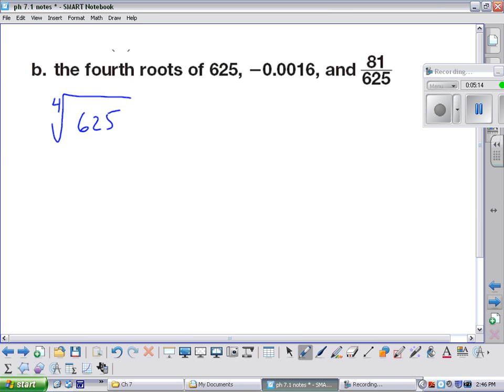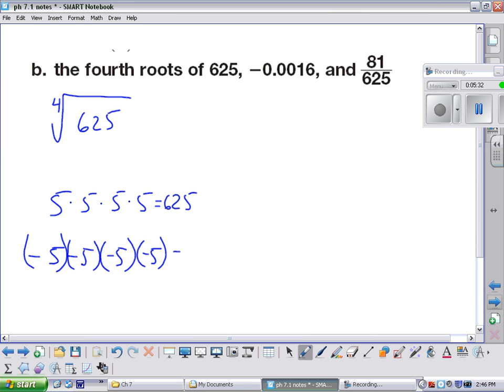There are actually two possible answers. 5, and also, look at this, negative 5 times negative 5 times negative 5 times negative 5 is also 625. So for real answers only, yes, there are two answers: negative 5 and 5.